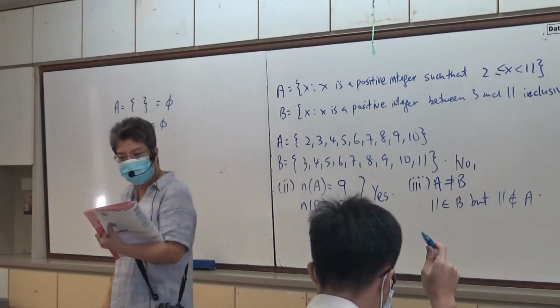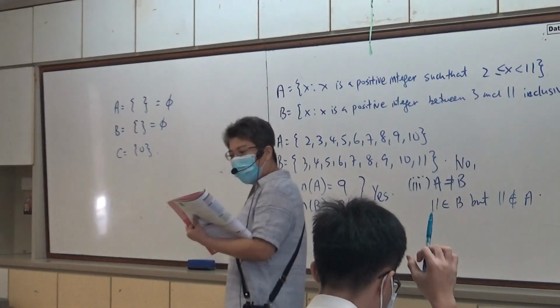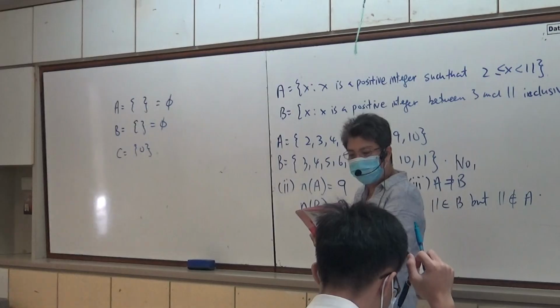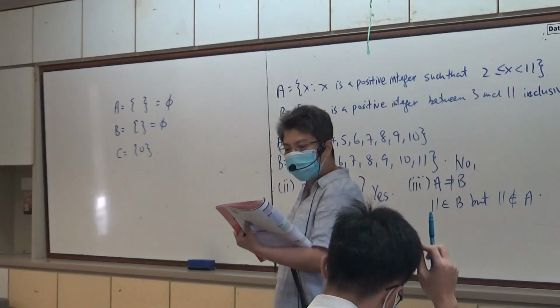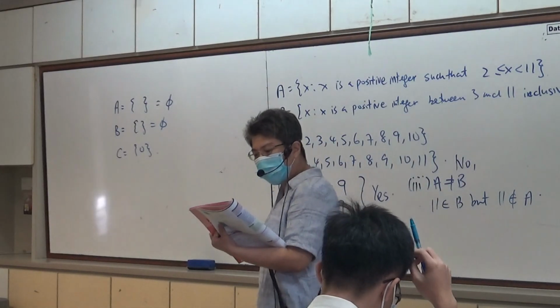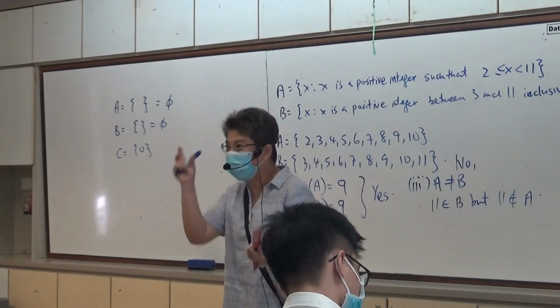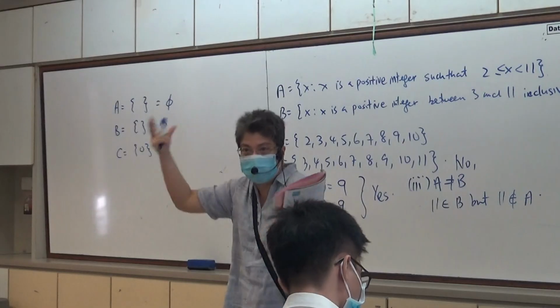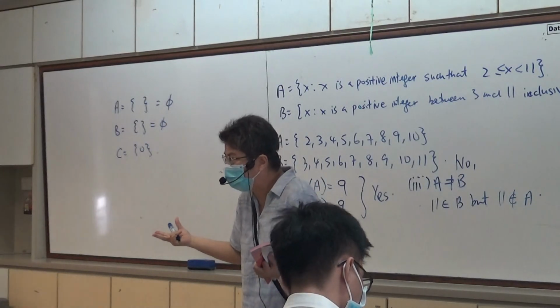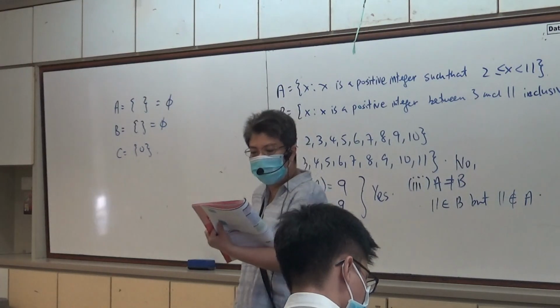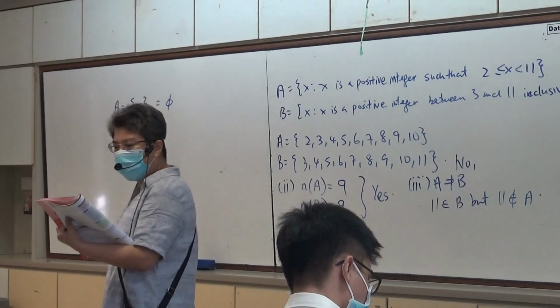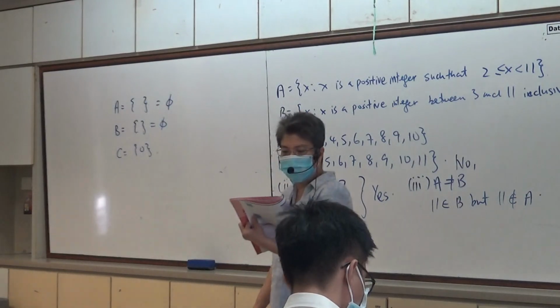Part 2. Are A and B equal sets? Explain. Now look at the explanation of part 2. A and B are equal sets because both of them are empty sets. There's nothing inside. That means they have exactly the same elements, right? Nothing. Get it? Okay? Now, next one. Part 3. Are B and C equal sets?